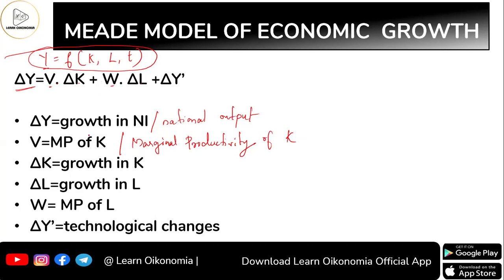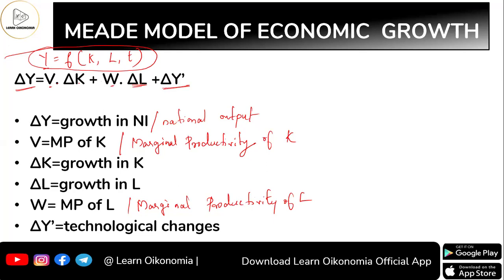W here shows the marginal productivity of labor. And here delta L shows growth in labor and delta Y dash. This is what is understood as technical function or technological changes.